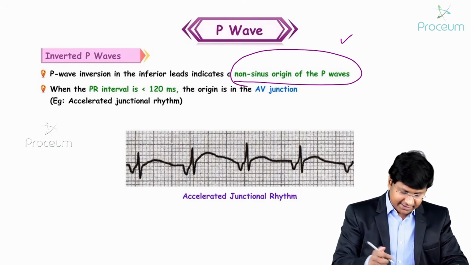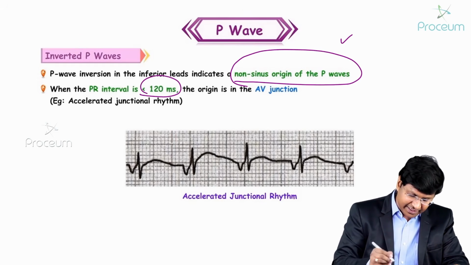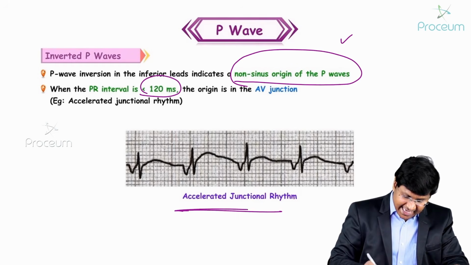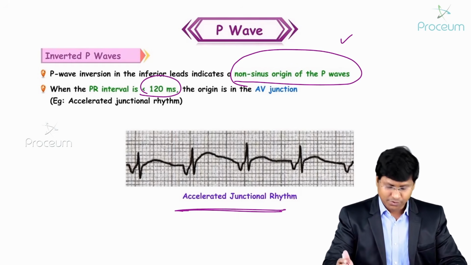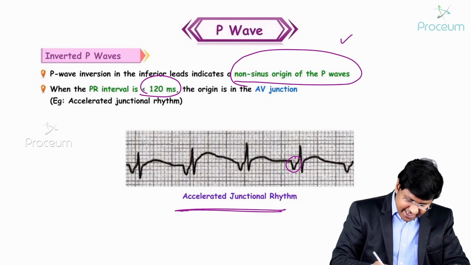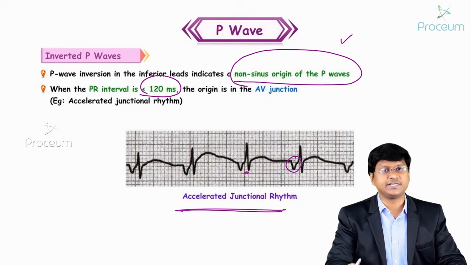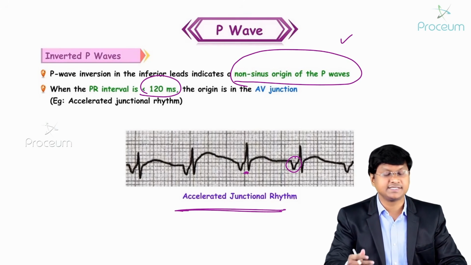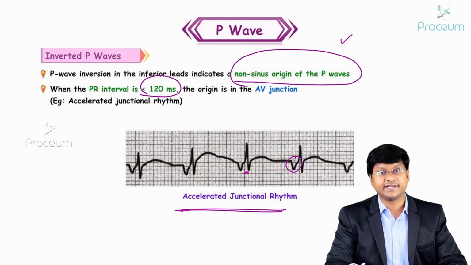And upon that, if the PR interval is less than 120 milliseconds, then it is called accelerated junctional rhythm. So you have the inverted P wave and the PR interval is short, that is less than 120 milliseconds, and that we call accelerated junctional rhythm.